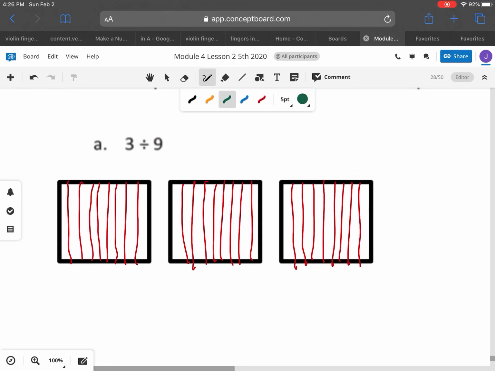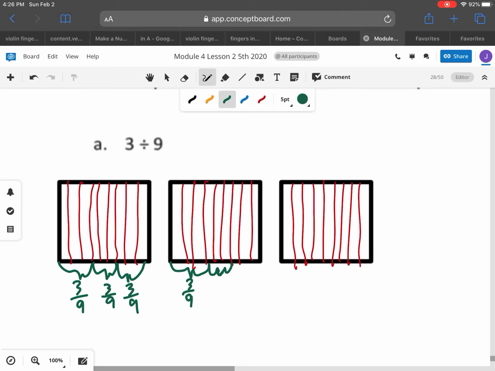All right, so it's asking us for 3 out of 9. So here is 3 ninths. And I have another 3 ninths. And I have another 3 ninths. And I have another 3 ninths.